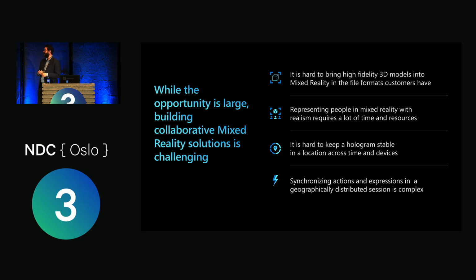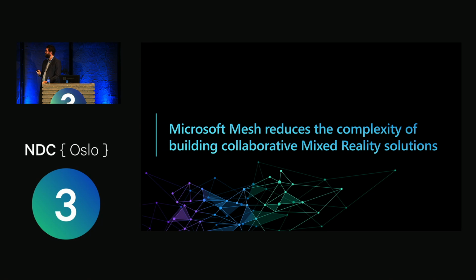There are a lot of networking solutions out there, but they're not always optimized for mixed reality, and it's not necessarily trivial to implement. So this is the point of Microsoft Mesh for developers: it's designed to cut down the complexity of mixed reality development and solve some of these common problems that you always have to solve no matter what application you're building.